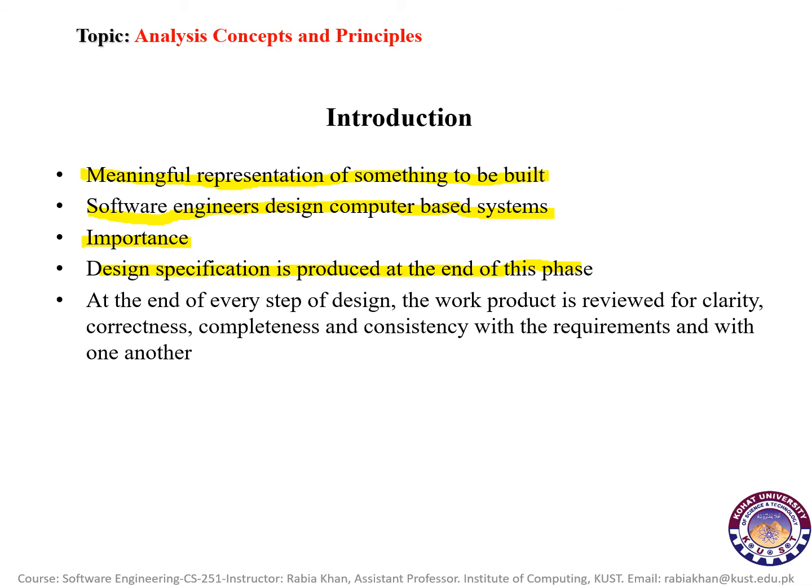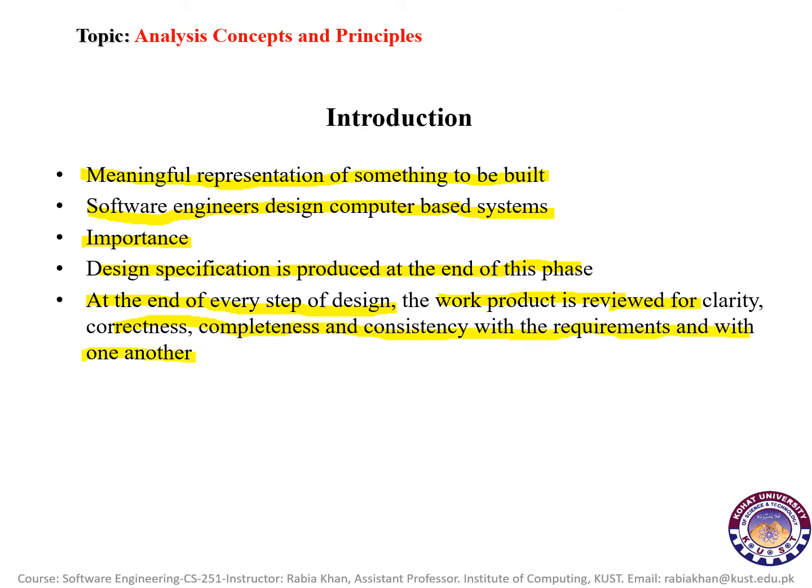At the end of every step of design, for the 4 design types that we just discussed, the work product is then reviewed. The output of that particular sub-phase of design is reviewed for clarity, correctness, completeness, and consistency with the requirements and with one another.